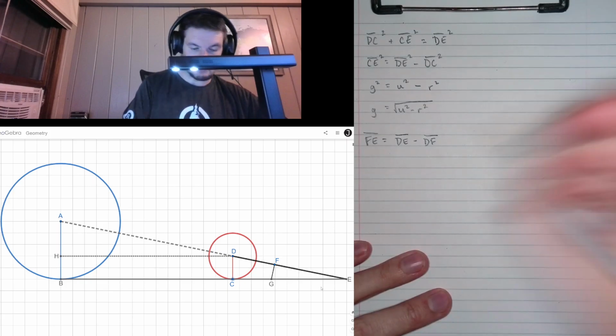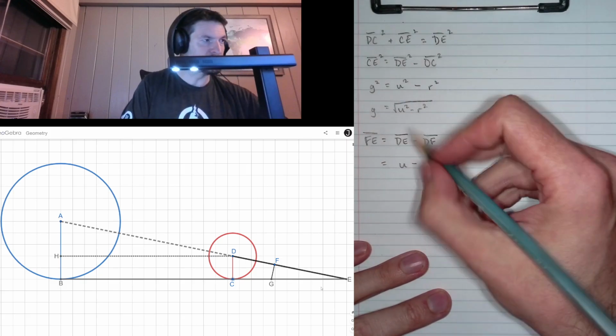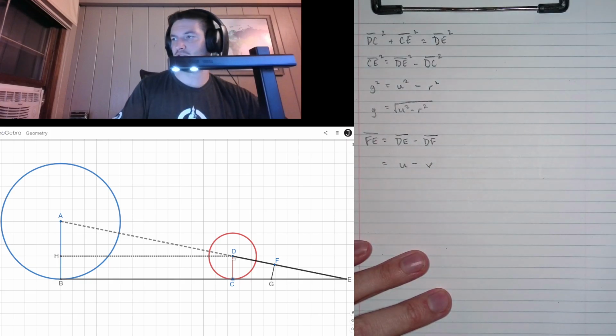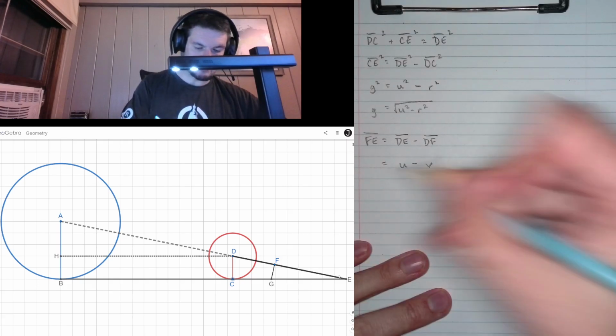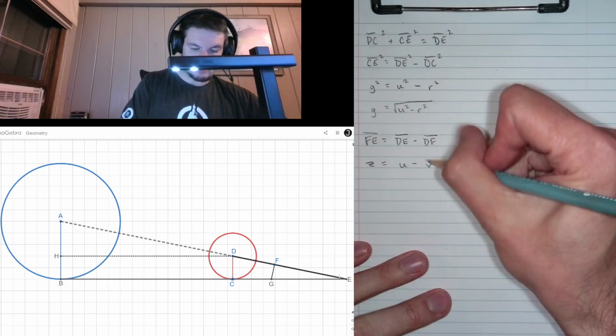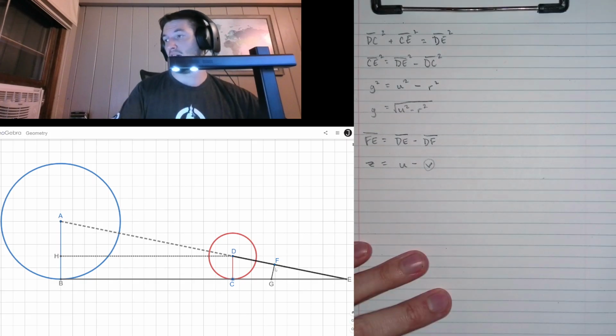So DE is simply U again, and DF, I think I said we're calling that V. This is the distance from the center of the body casting the shadow, and that's where F is. F is a distance of V away from here. And we're going to call FE, we can just call that Z. We don't really care. So if we're given V, then we have all we need. We have an expression for FE, which is U minus V.